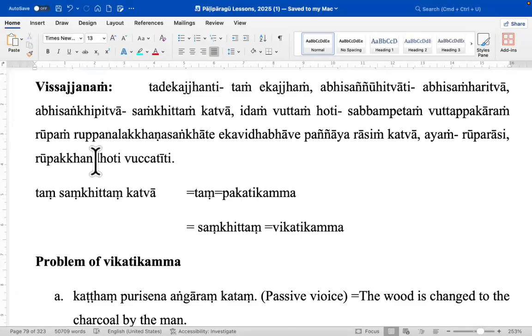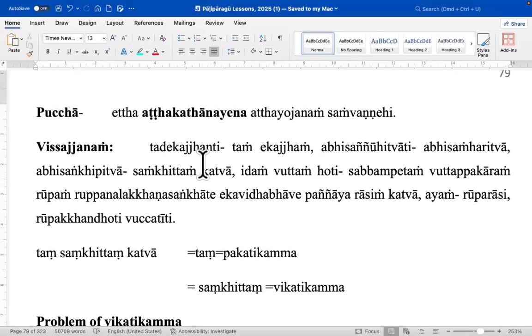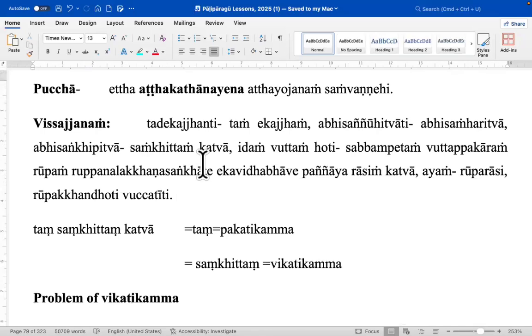Atthakaranaya is not like Padanusarineya, where we have to translate word by word. In Atthakaranaya we sometimes have to clarify.